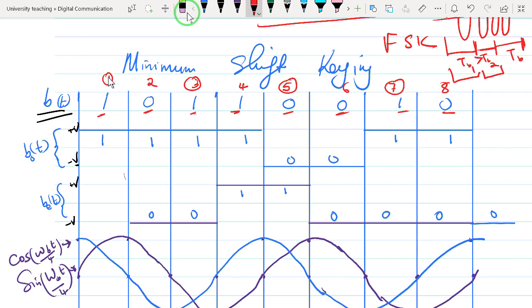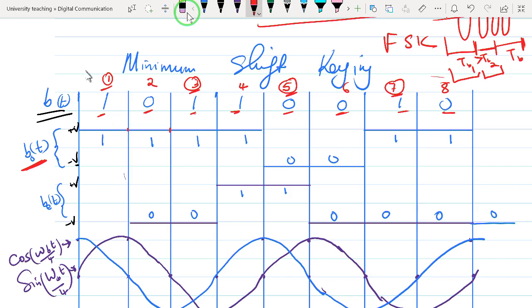We enumerate them 1, 2, all the way up to 8, and then we mark the odd ones. For the odd bit stream, one bit will be taking 2 TB, or 2 bit durations. So the first one was 1. Instead of stopping at this stage, it continues until the end of 2 TB.